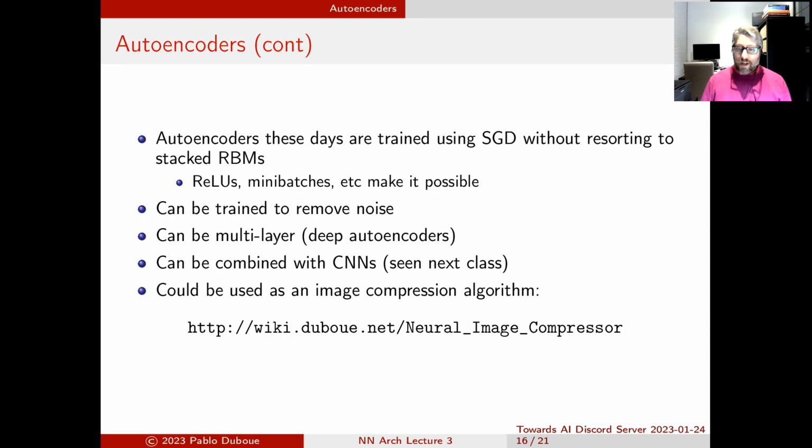And once we have these autoencoders, we can use them for a variety of purposes. We can use them to remove noise. We can combine them with convolutional neural networks, as we will see next class. And I do think that they can be useful as an image compression algorithm.